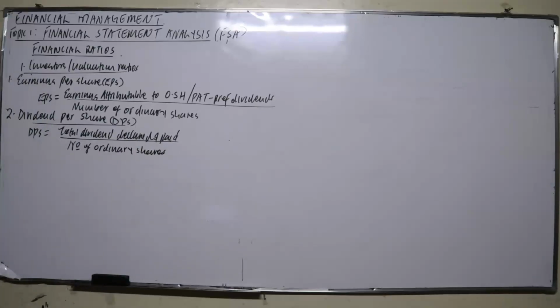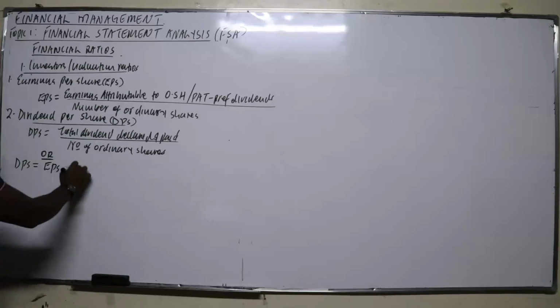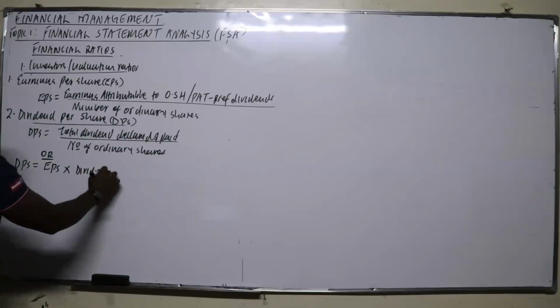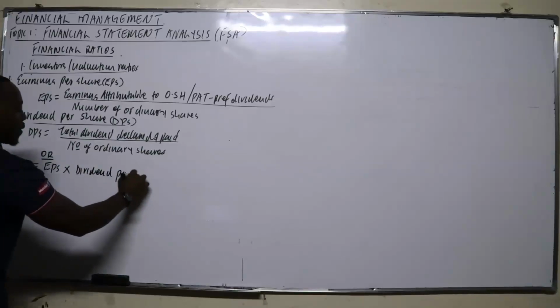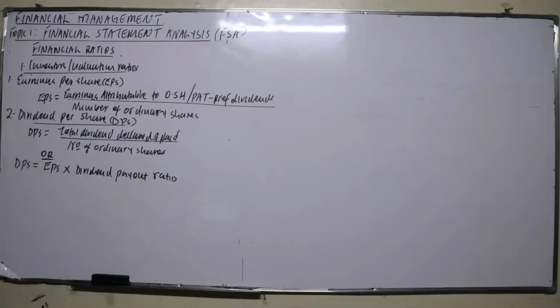Or alternatively, you can take the earnings per share and multiply by the dividend payout ratio.